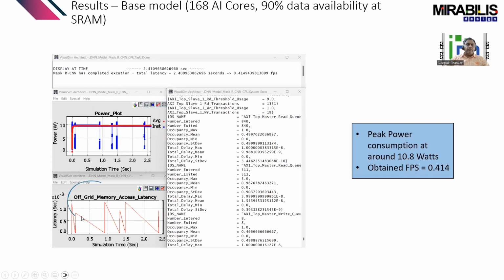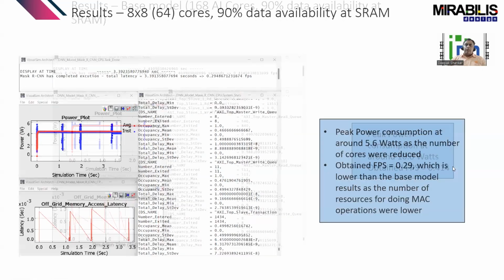So you can see my off-chip memory access was about 1 millisecond while the power was at 10. And notice it took about 2.4 seconds to complete this particular R-CNN processing. It gave me about 0.4 frames per second. Not a very efficient type of architecture, I would say. Power was high, and the number of frames per second was pretty low.